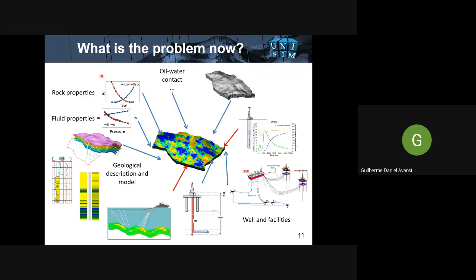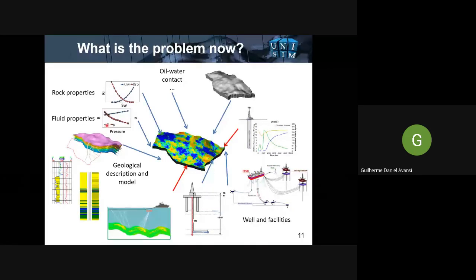We need to include these curves, right? Then the fluid properties. The fluid properties are very important, because with them we can have an idea of the relation between pressure, volume, and temperature. How is the pattern of this fluid when we have different pressure, temperature, and also volume inside a block.